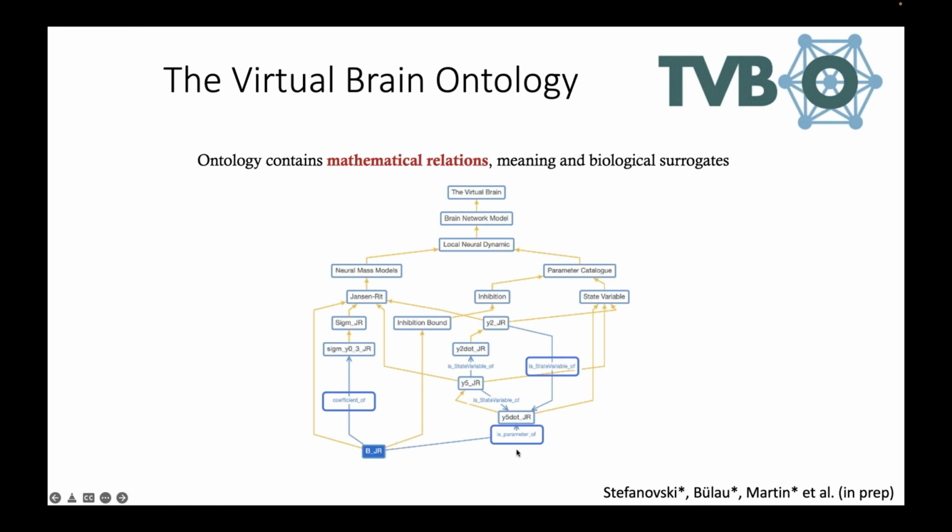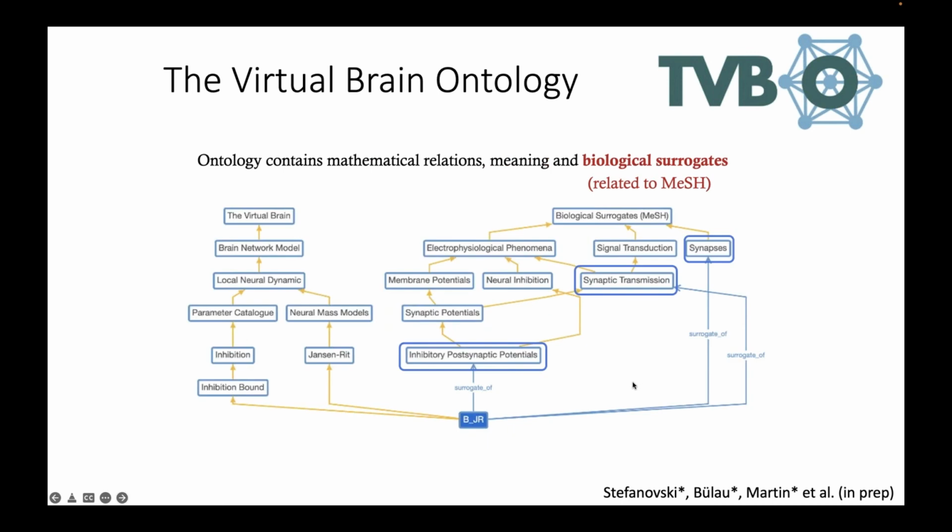It's a parameter of a particular function, of a state variable. It's part of a category, like, for example, here, inhibition bound or inhibition. So you can do a lot of things with this ontology. And we also linked it to biological surrogates, so that it can be connected together with the knowledge graphs that are derived from genomics and proteomics that I have shown you before.